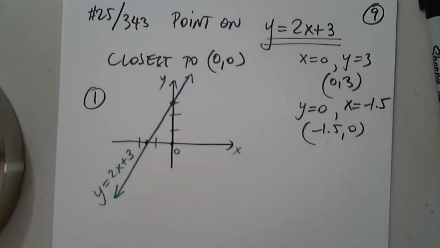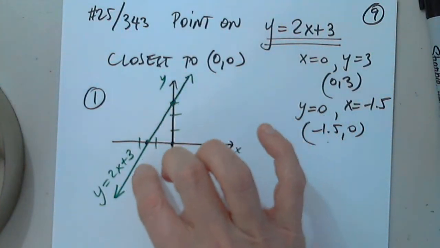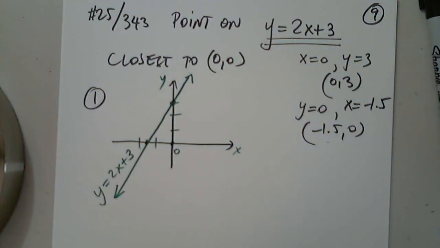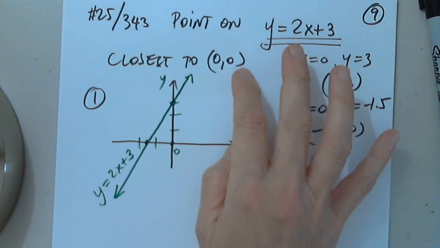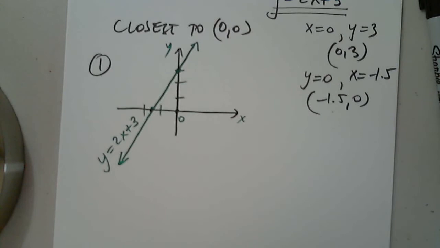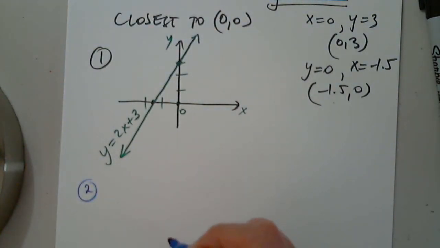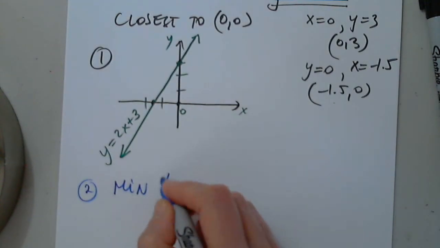And they're asking us to determine the point on the line that is closest to the origin. When we talk about closest, what are we talking about? Distance. Very good.